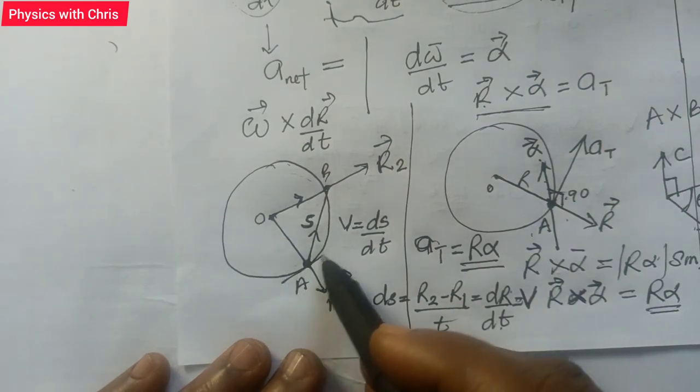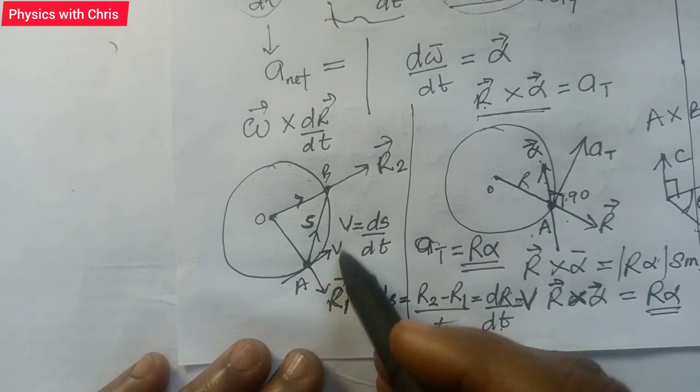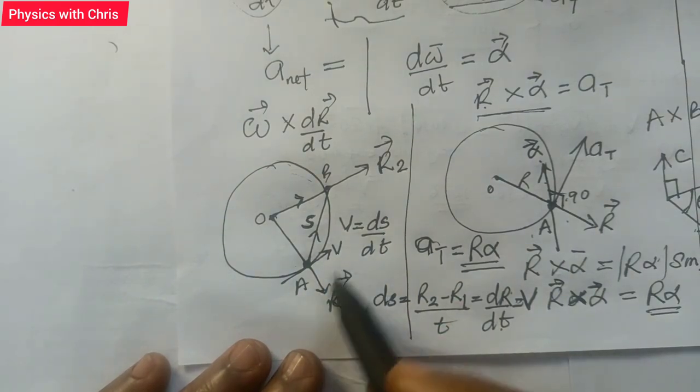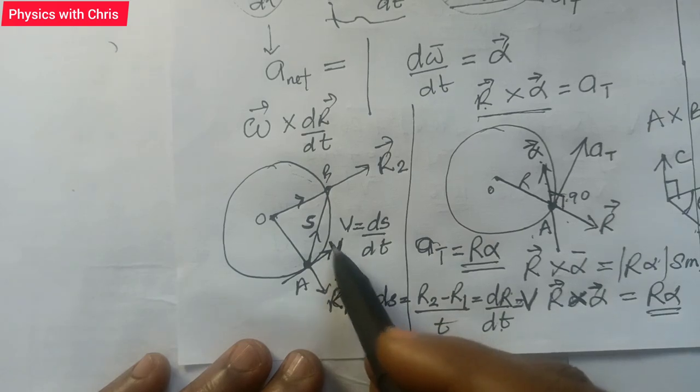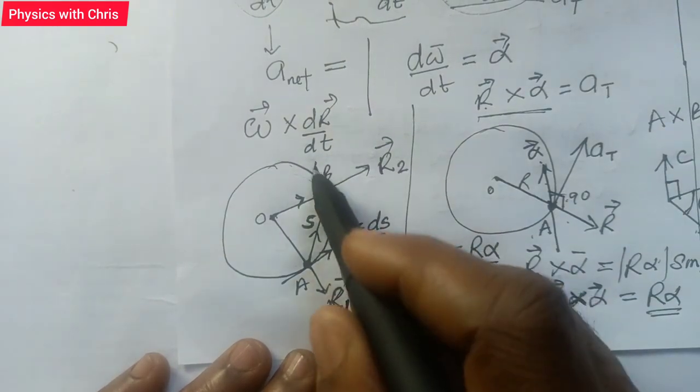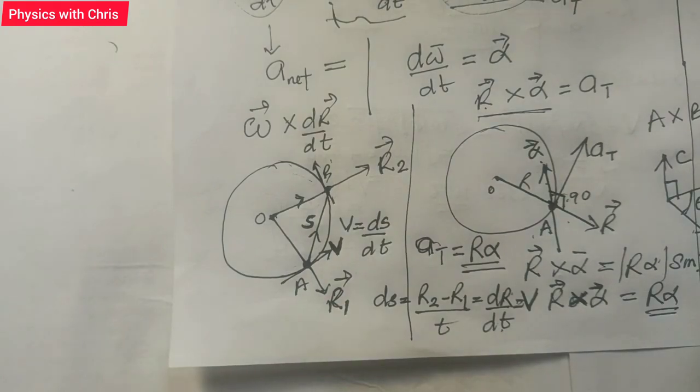Let's say at point A, the velocity v is given by this symbol. Then at point B, of course, you can also have the velocity there. So that's the velocity of the body as it moves around the circle. Sometimes it could be constant, sometimes it could be changing.